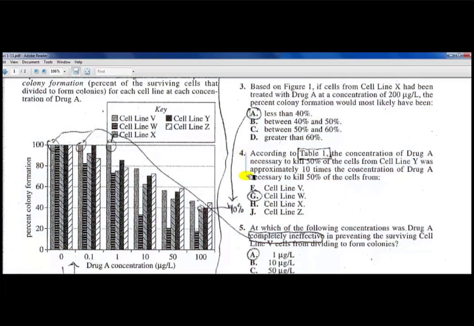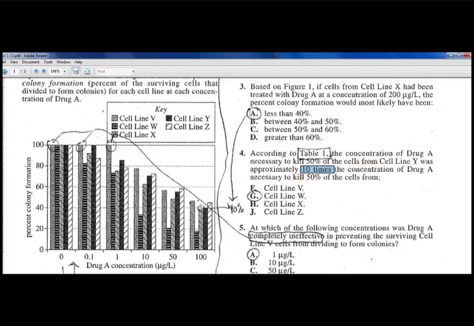Now, first things first, kids, this is a long question stem that's 4 lines long. Make sure you put this in your own words and reword it. Make it easier. We're going to need to go to Table 1 and we're going to go ahead and find cell line Y. Then, which one of those answer choices below is 10 times less than cell line Y?